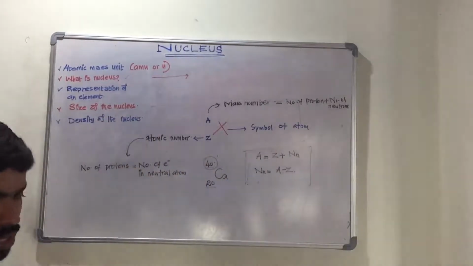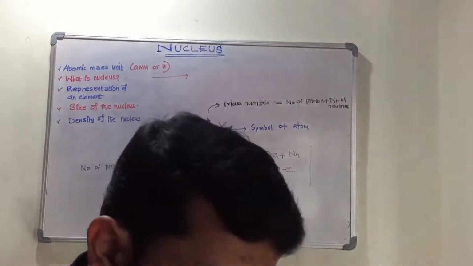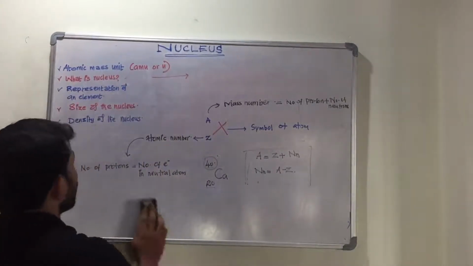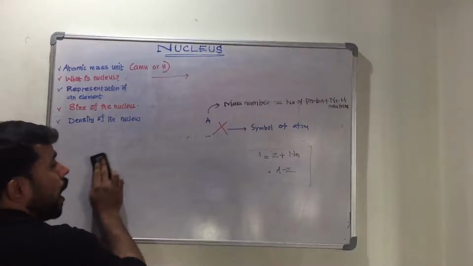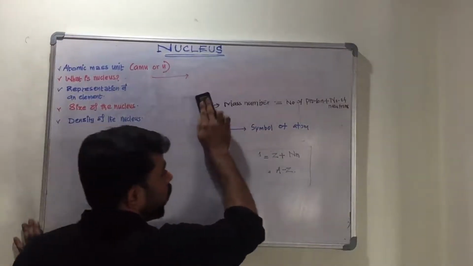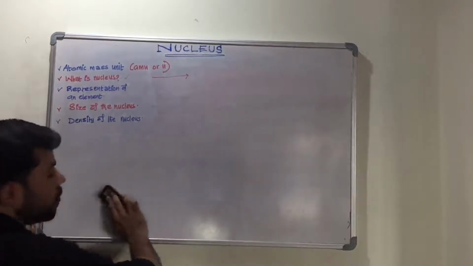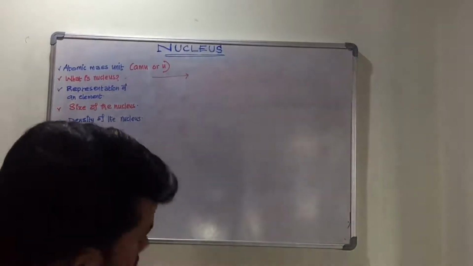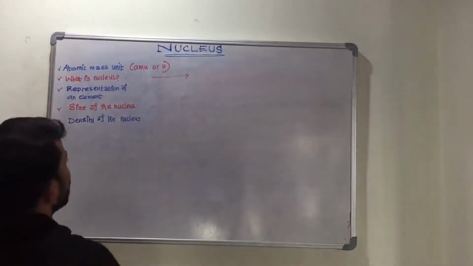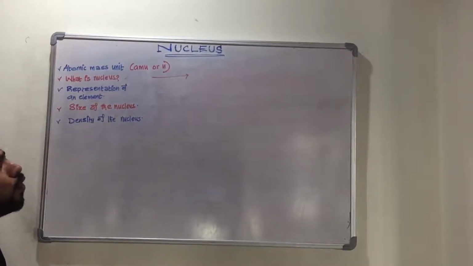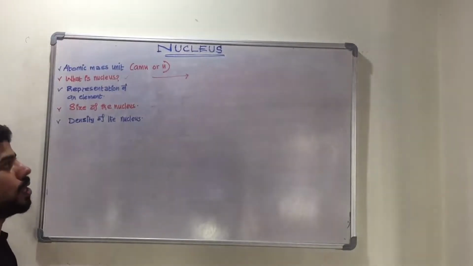Next, an atom is very small, and the size of the nucleus is very small compared to the size of the total atom. Let us determine the size of the nucleus, which means the radius of the nucleus.